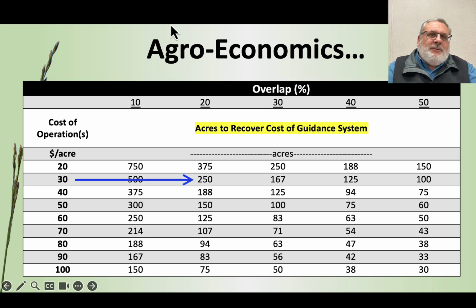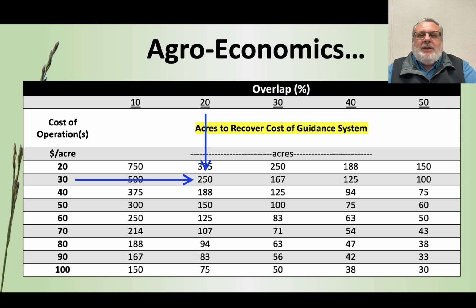If we look at something like overseeding clover, it's going to cost us about $30 an acre. And we had 21% overlap or 20% overlap for this particular example. If we overseeded 250 acres of pasture, our seed savings for not overlapping would be enough to recover the cost of that unit in about 250 acres.